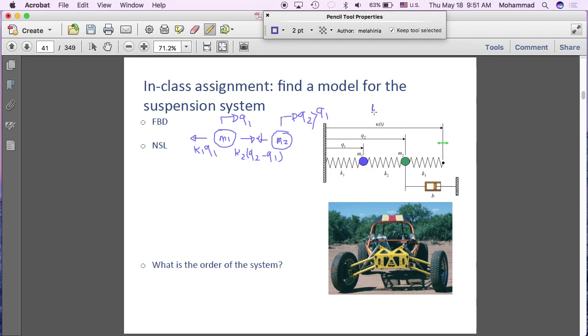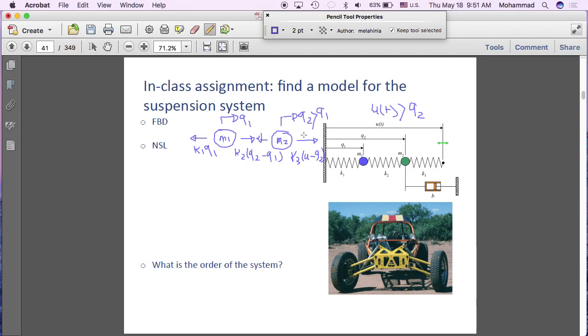So we are going to assume that U of t is larger than Q2, which means the force applied by the third spring is to the right. So it's K3 (U minus Q2).